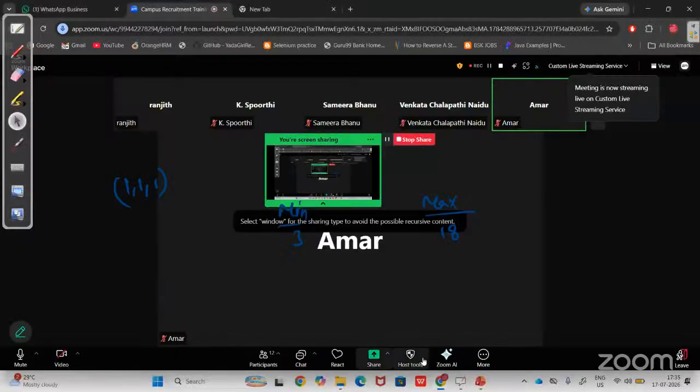When 3 dice are rolled, the minimum is equal to 3 and the maximum is equal to 18.